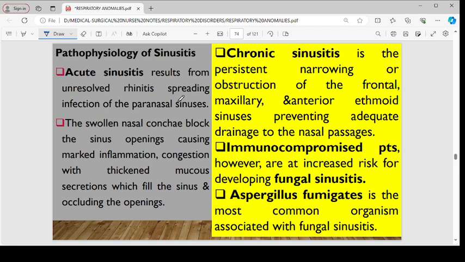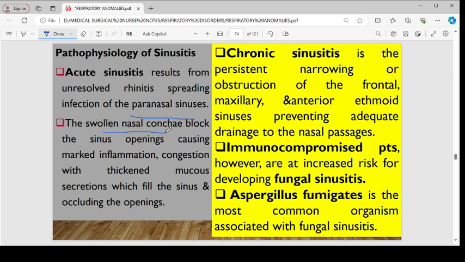In terms of pathophysiology, acute sinusitis results from unresolved rhinitis, spreading infection of the paranasal sinuses. So we have the swollen nasal concha blocking the sinus openings, causing marked inflammation and congestion with thickened mucus secretions which fill the sinus and occlude the opening.